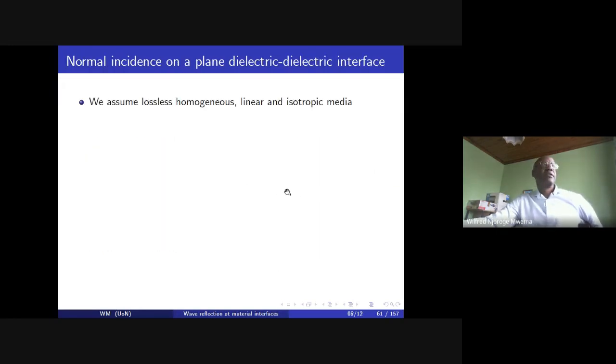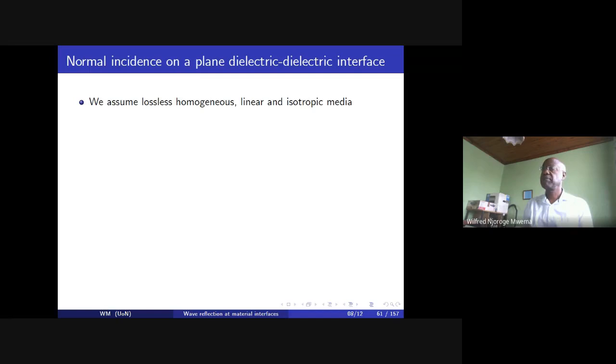Now, we can look at this. Now we look at normal incidence where we have a plane surface between two dielectric media, which we are now calling a dielectric-dielectric interface. Remember, although I've treated these things separately, we could always use one of them and then start playing around with the constitutive parameters of the second medium.